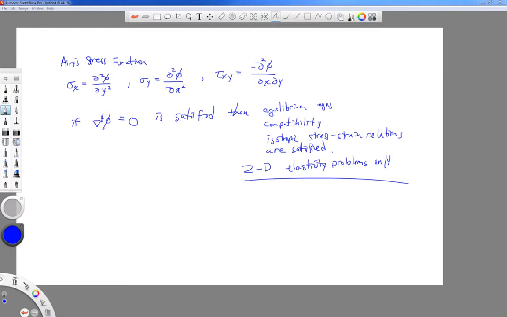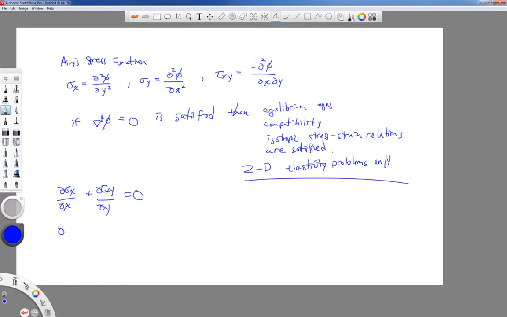Now for completeness, let's go ahead and write down the equilibrium equations for plane elasticity. That would be the partial derivative of sigma x with respect to x plus the partial derivative of tau xy with respect to y. If we neglect body forces, those would be equal to 0.